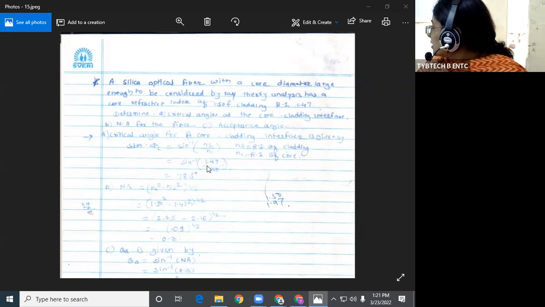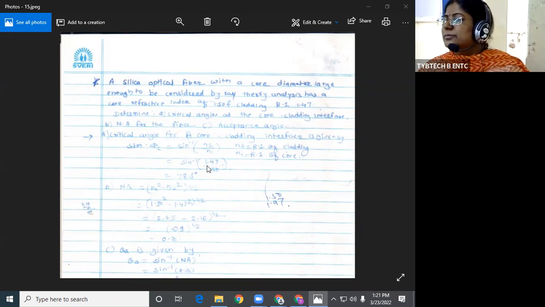That's why I have closed that. But did you write down the NA derivation or not? NA is equal to what formula? (n1 square minus n2 square) raised to 1 half. Again, it is equal to which term is there with theta A? Yes, that is there. But what is the formula?